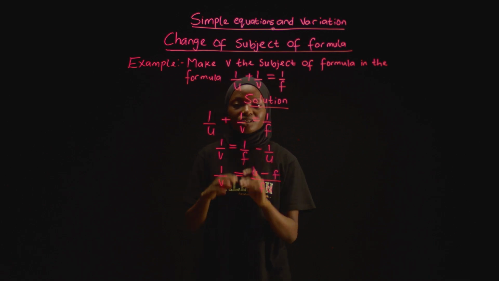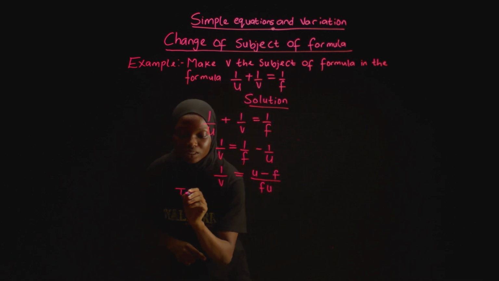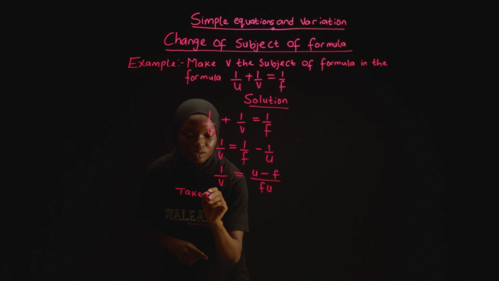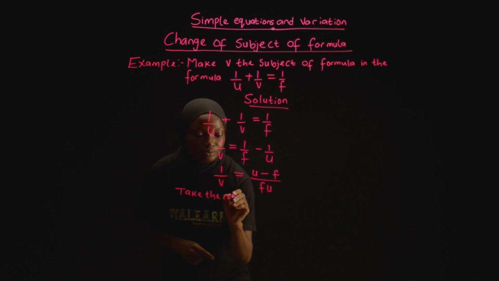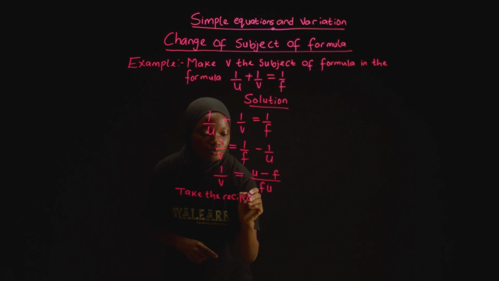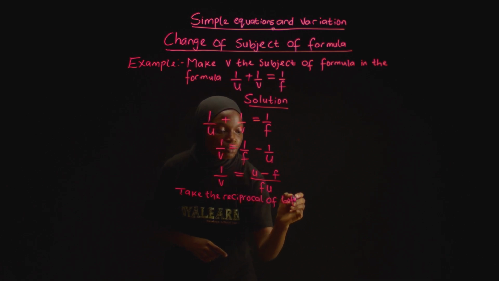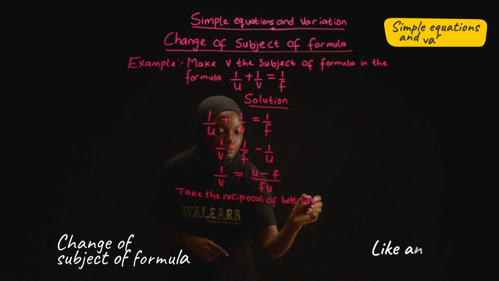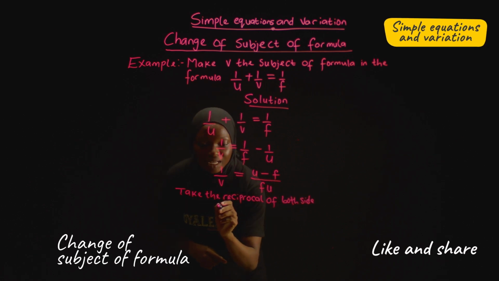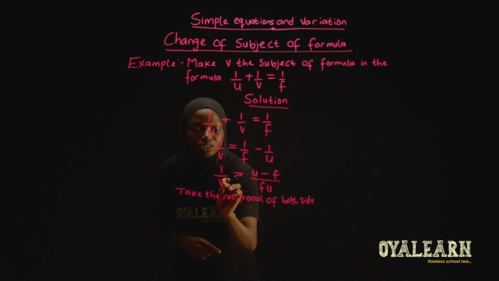To do that, we just take the reciprocal of both sides. That is, the numerator here becomes denominator, denominator here becomes numerator.